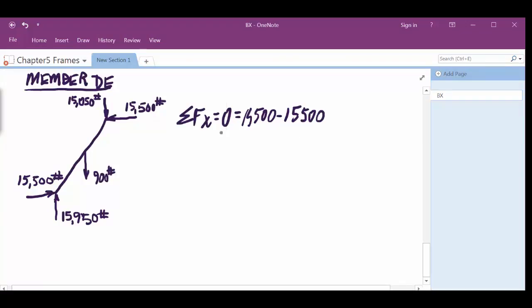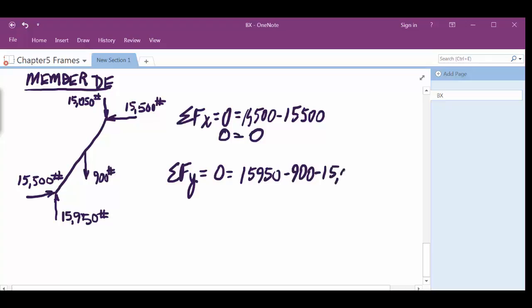Hey, 0 equals 0. And if you wanted to carry it one step farther, summation of the forces in Y equals 0. 15,950. That's why I was starting to panic, because I forgot I still had 900 pounds here. Minus 15,050. And once again, 0 equals 0. Ah, it's a beautiful thing. Because then you can walk away knowing that you got it right.